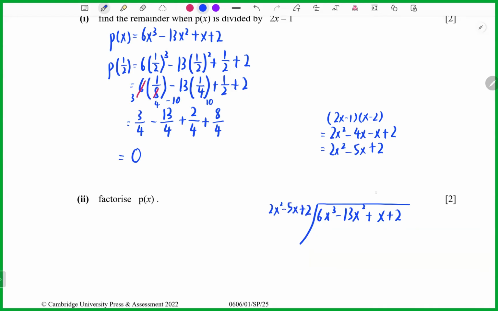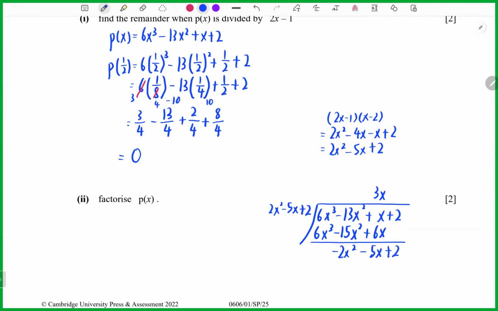So 3x, so 6x cubed minus 15x squared and then plus 6x. So here you get negative 2x squared and then minus 5x.